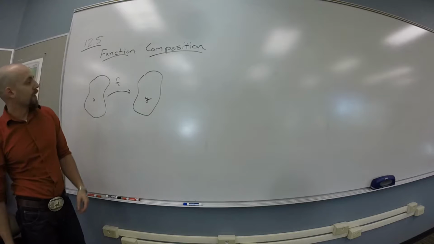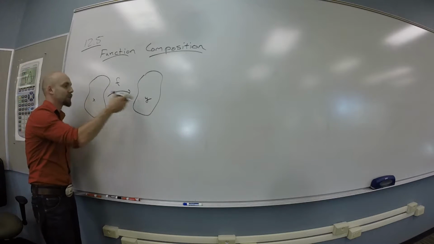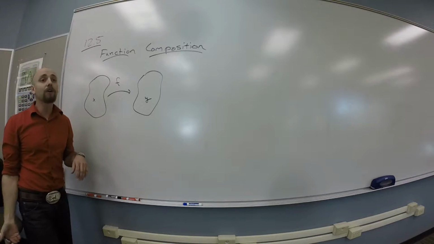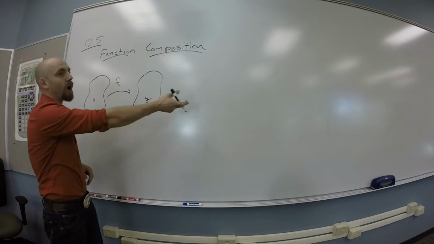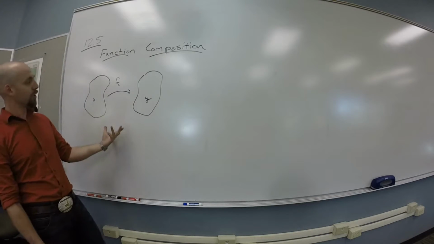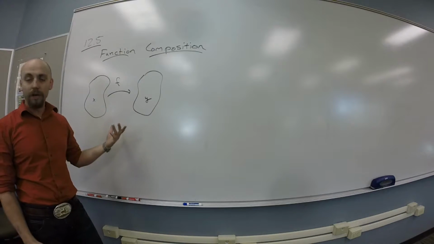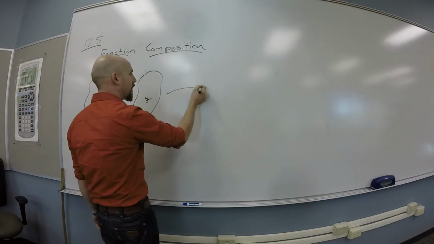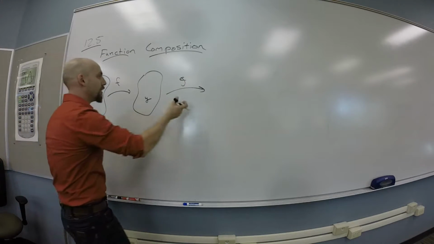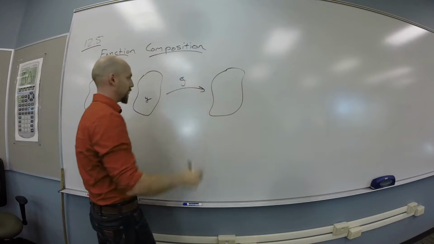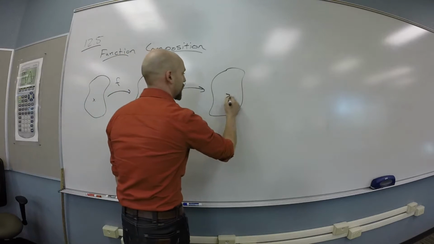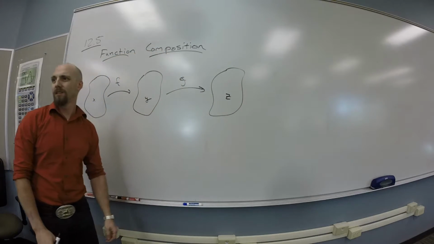Now there's this other idea: if I went from x to y, what if I also happen to have, just laying around, a way to turn y's into something else? There was another function g that turns y's into, say, z's.